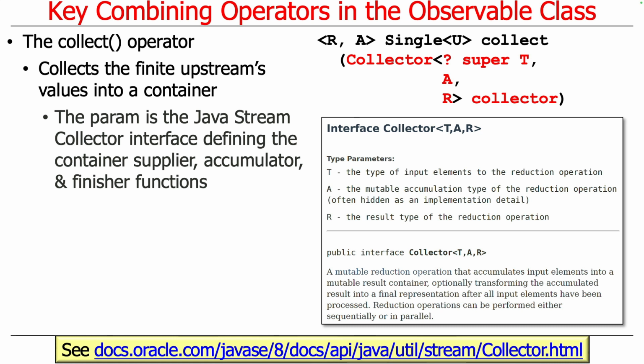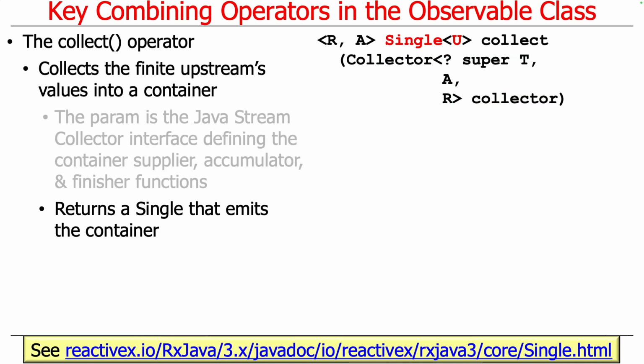And if you recall, Collector is this interface that's parameterized by the type of the stream, the type of accumulator, and the type of results. And it's got a bunch of factory methods like supplier, accumulator, finisher, and so on. And so this will return a Single that emits the container, whatever was being collected into.